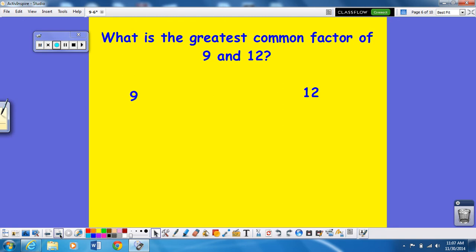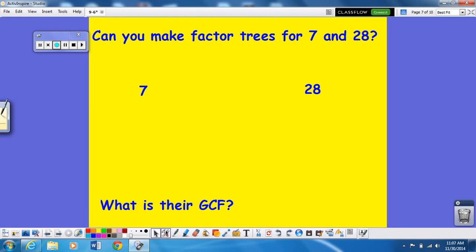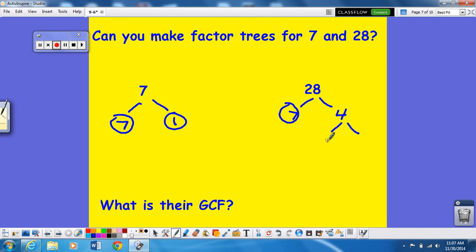Okay, moving on. Let's make factor trees for 7 and for 28. Now 7's pretty simple because 7 is just 7 times 1. Those are both prime. Typically we don't need to include 1. 28 is 7 times 4. 7 is prime, so let's break 4 down. 2 times 2.